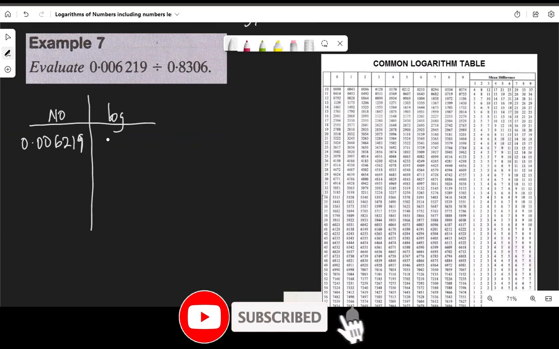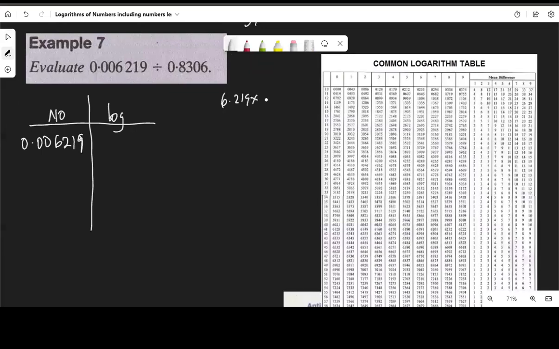Expressing this in standard form, we will have 6.219 times 10 to the power of negative 3. So the characteristic there is bar 3. While this one, 0.8306, the characteristic is bar 1.